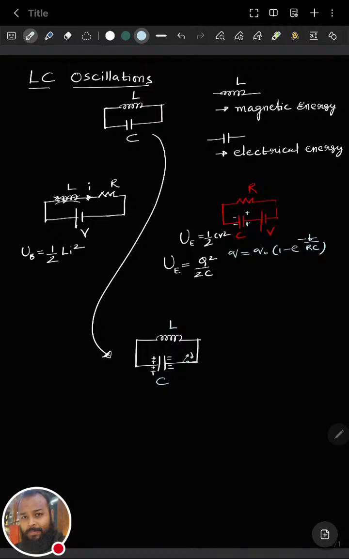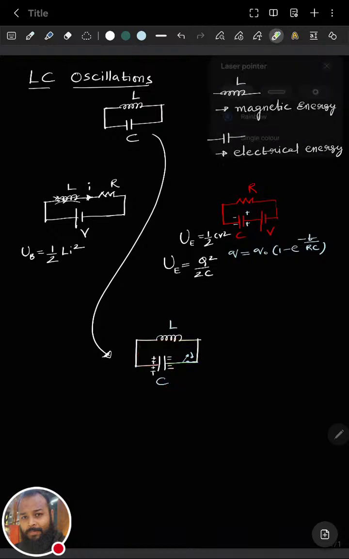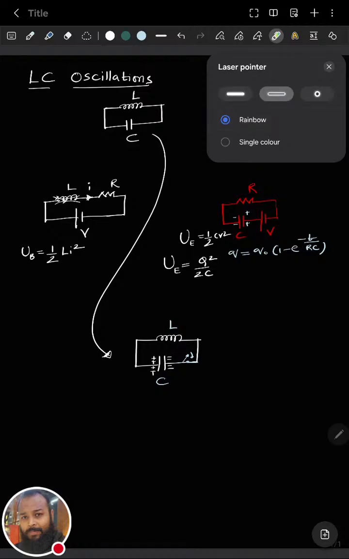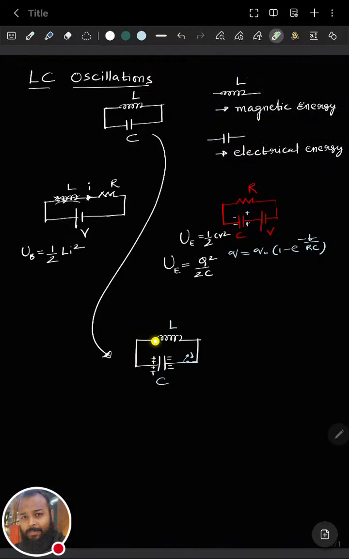The moment I close the switch, the capacitor gets discharged, like this. This is the discharging of the capacitor.